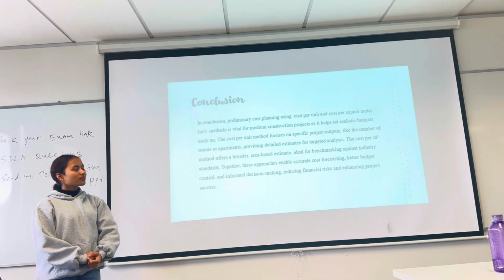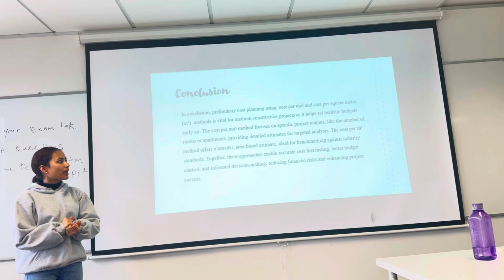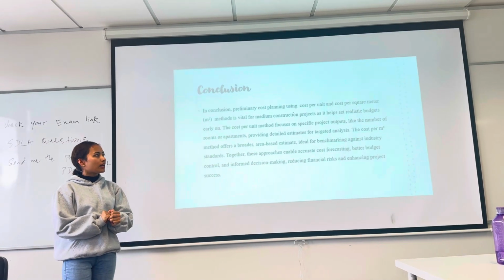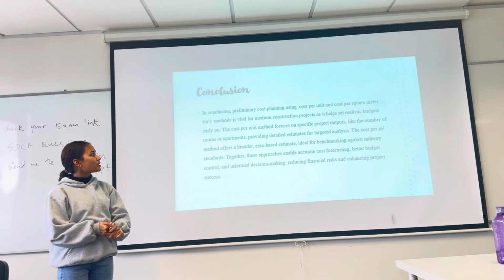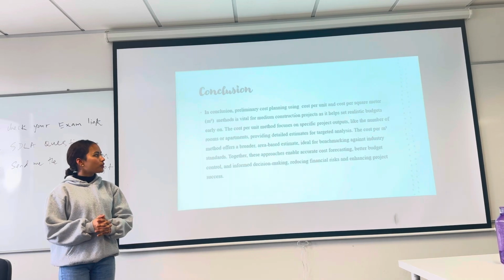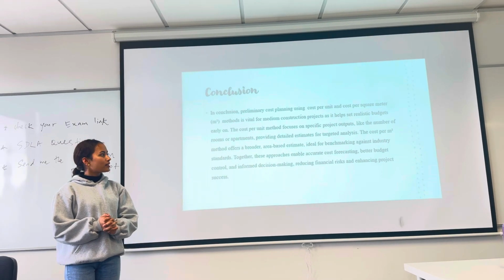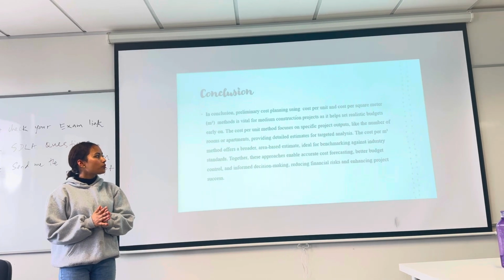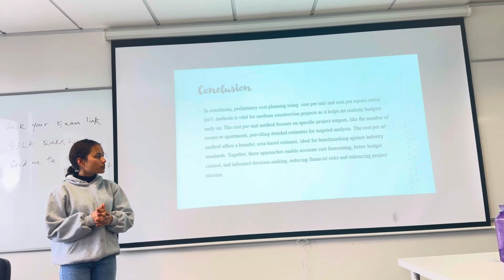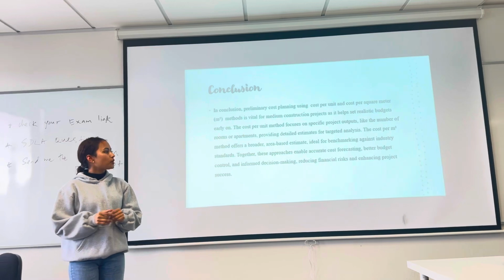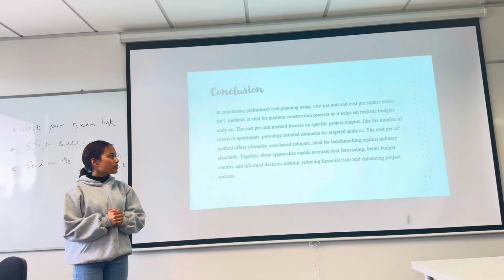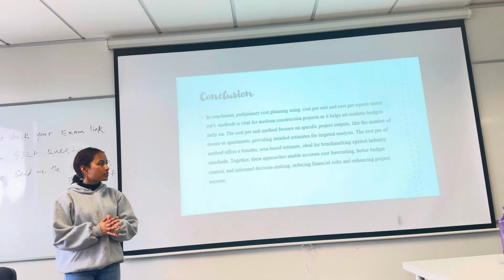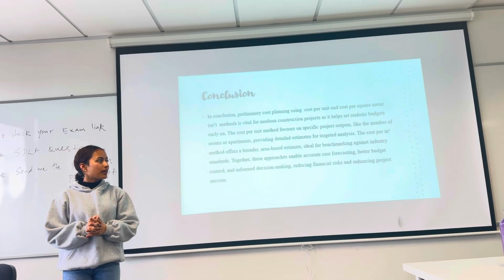In conclusion, preliminary cost planning using the cost per unit and cost per square meter methods is vital for medium construction projects, as it helps set realistic budgets early on. The cost per unit method focuses on the specific project's outputs, like the number of rooms or apartments, providing detailed estimates for targeted analysis.